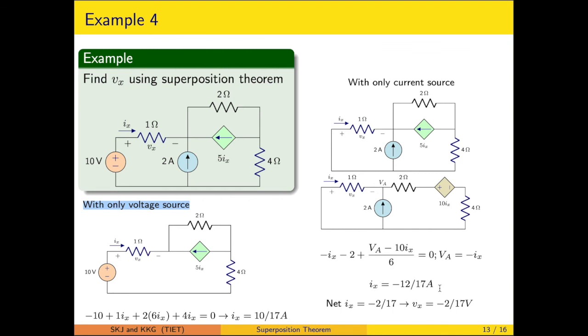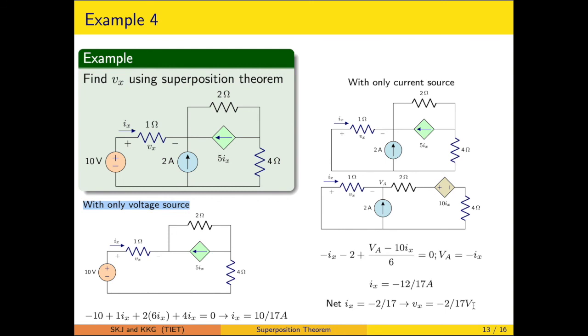Applying the superposition concept, you can find the value of Ix as the sum of 10 by 17 plus minus 12 by 17, which is minus 2 upon 17.